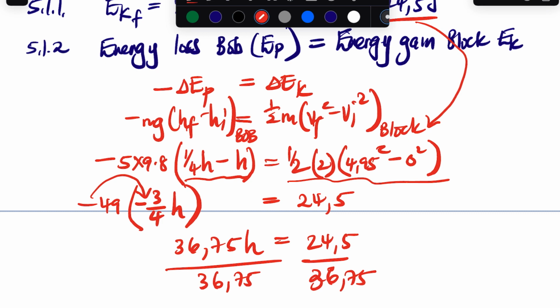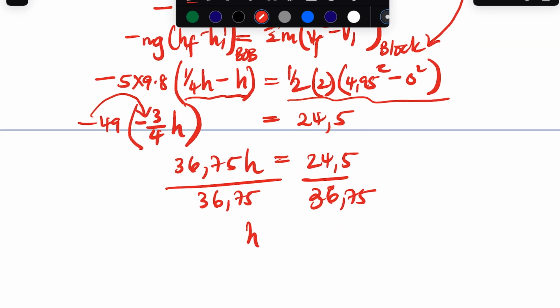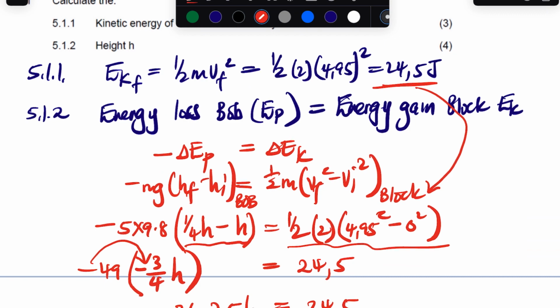So 24.5 divided by 36.75, and the height here is 0.67 meters. That's the height h.